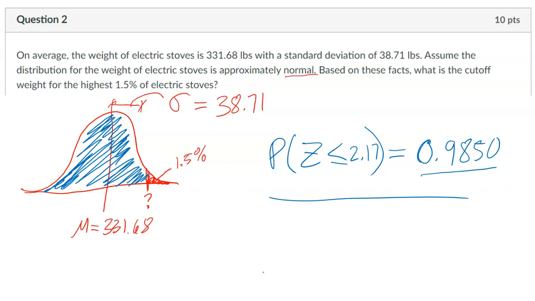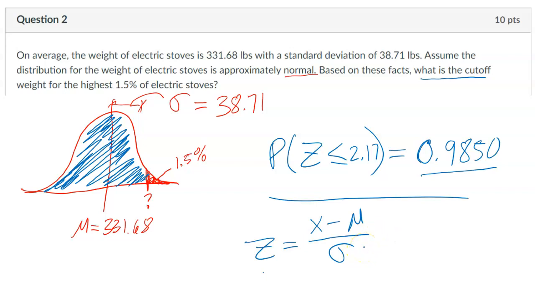Now, that's not the answer. That is part of the solution, because they're asking us for the cutoff weight. So now you have to remember the formula for the Z score: Z equals X minus mu, the average for the population, over sigma, the standard deviation of the population.